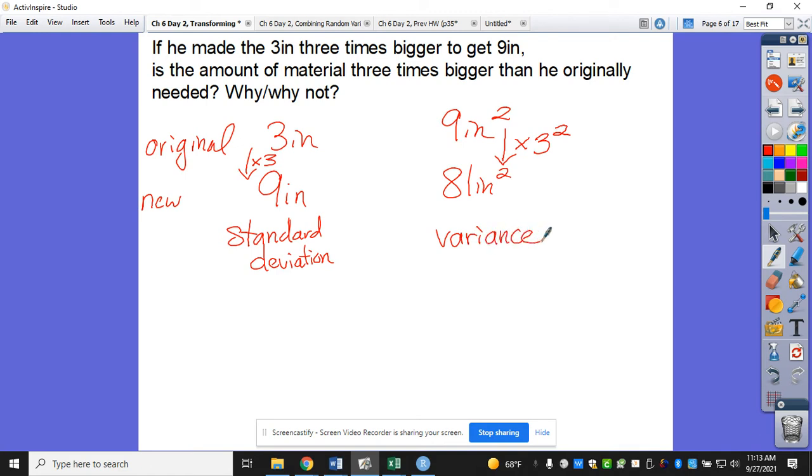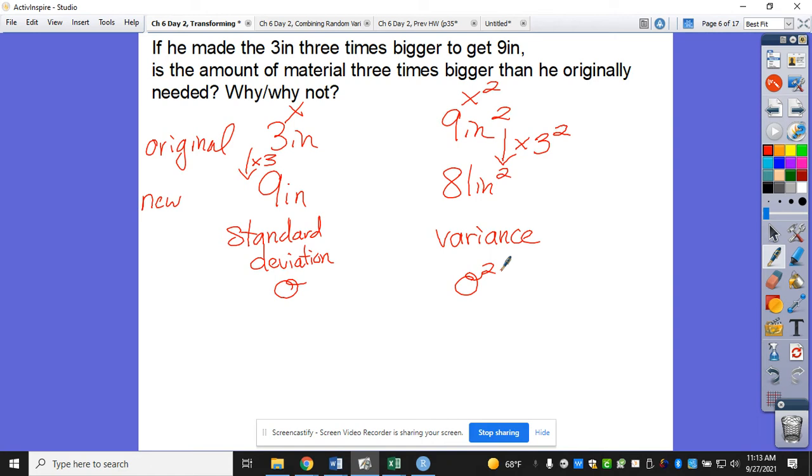How do I get 9 inches squared? I just take this and square it, right? So whatever this is, that squared. Well, what's our symbol for standard deviation? What's our symbol for variance? So this relationship works with how variance would work in this situation.